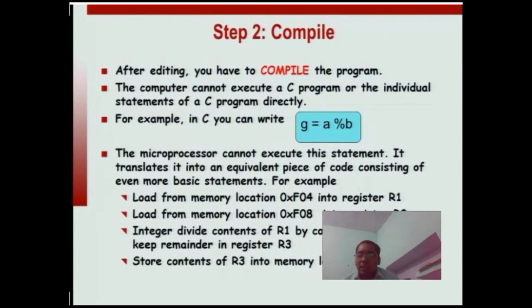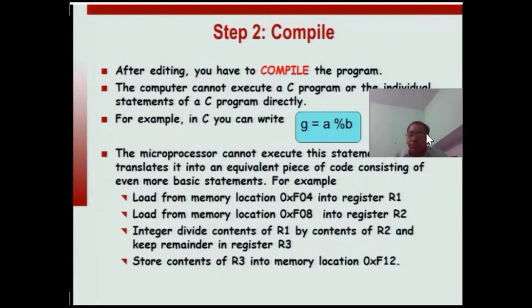But a statement like G = A % B can be translated into a bunch of statements saying: load data from a particular memory location into a particular register, load the second piece of data from another memory location into the second register, divide the contents of these two registers, store the remainder in a third register, and then finally take the result and store it into a third memory location.